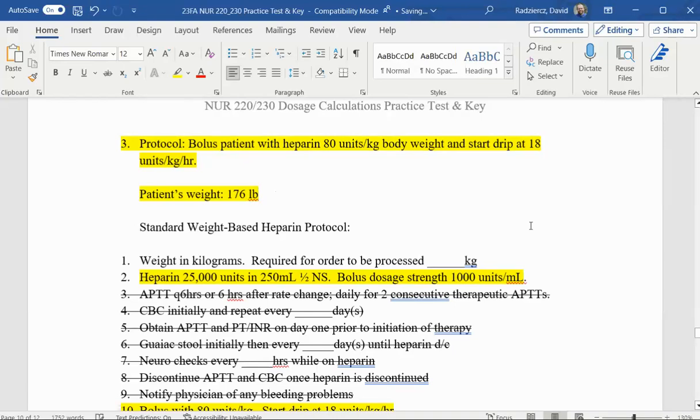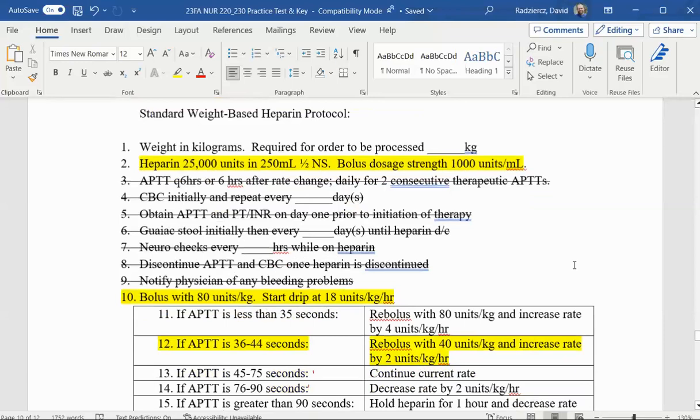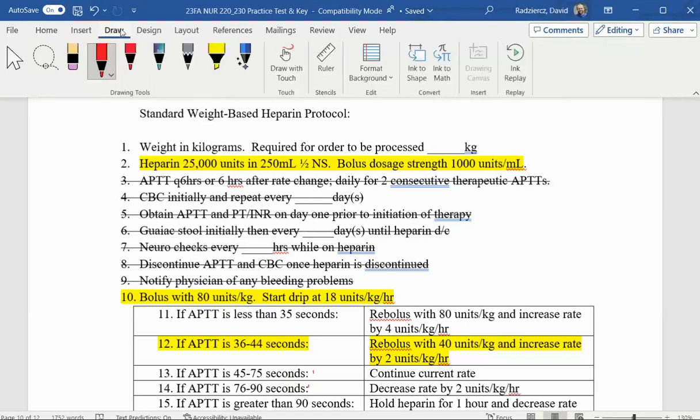So the heparin protocol, first and foremost, what you need to know is when we say heparin protocol, and this is my fault, the way I should have introduced this, I should have made sure I accounted for some things. Like I should have underlined this or made that bold.